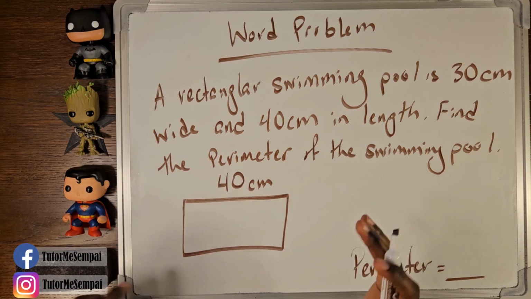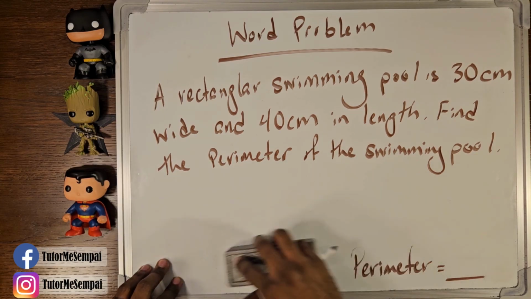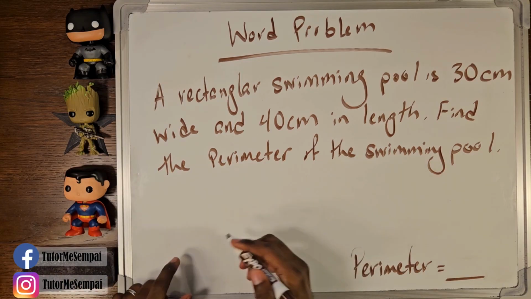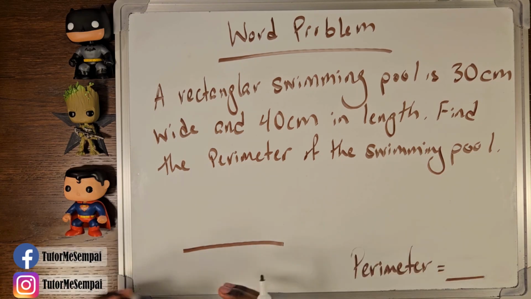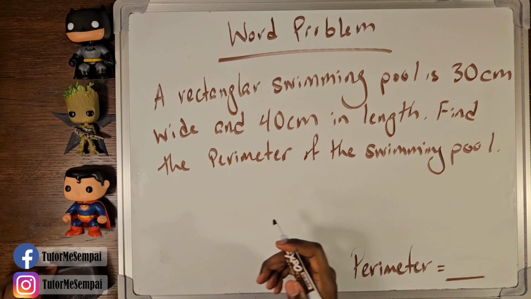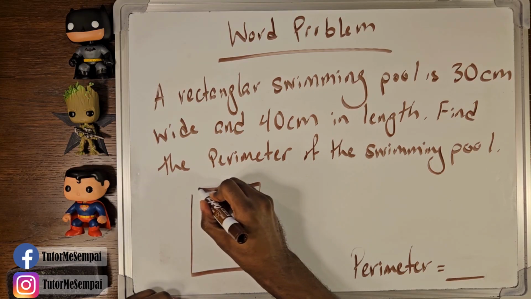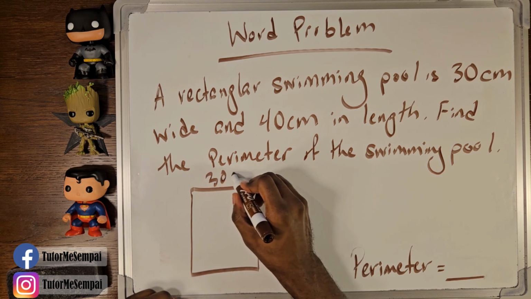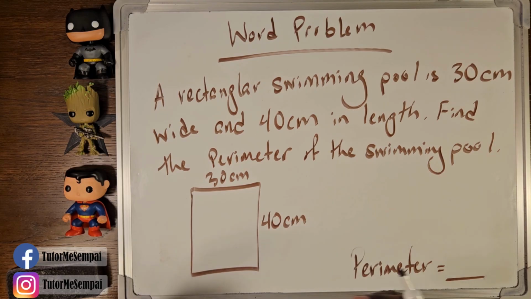Now, if you want it to be a little bit more true to your word problem, and you're like, well, wide should be this, then fine, that's fine. Just draw it differently. You can say it's a swimming pool like that, in which this is going to be 30 centimeters wide and 40 centimeters long.